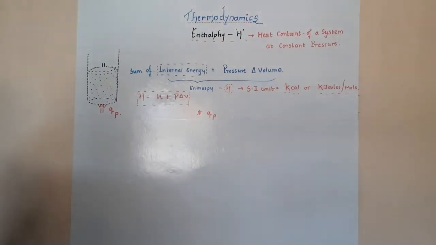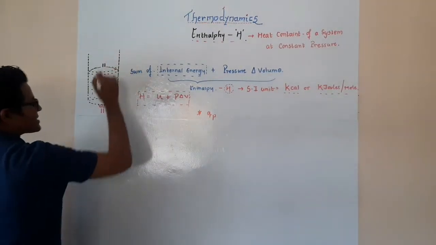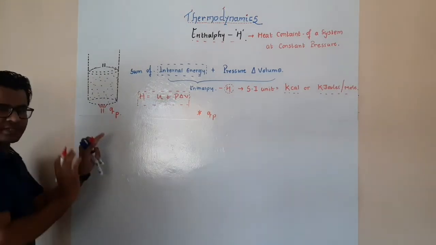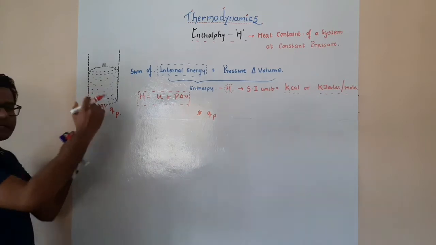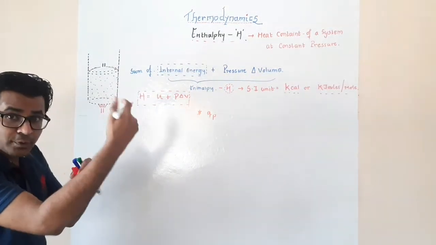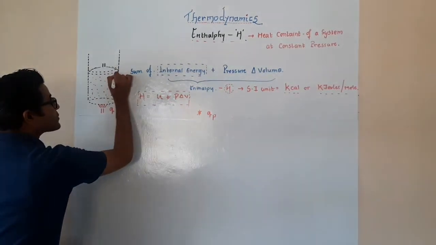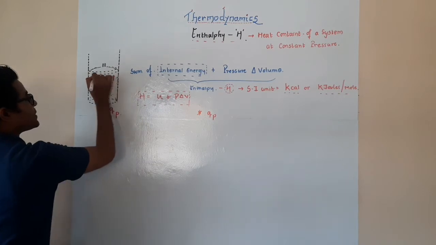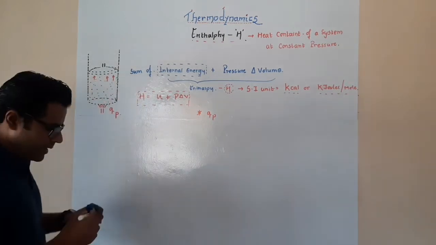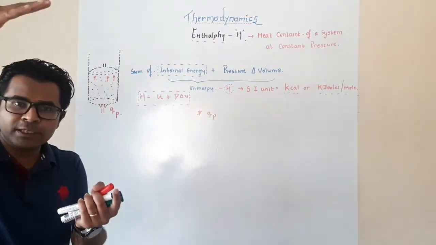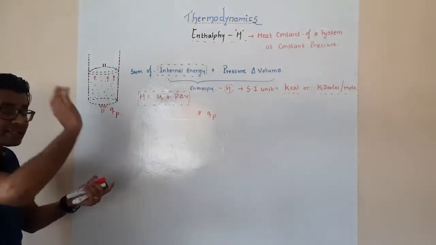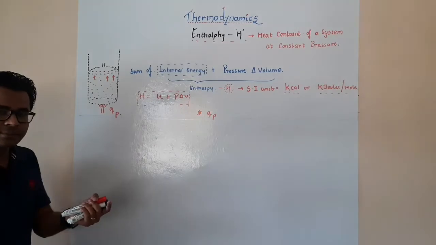On the other hand, now you are heating this system, correct? Naturally the pressure inside the gas is going to increase, and it is going to exert pressure on the piston. As pressure is exerted, the piston moves slightly upwards, so work is done by the system here.